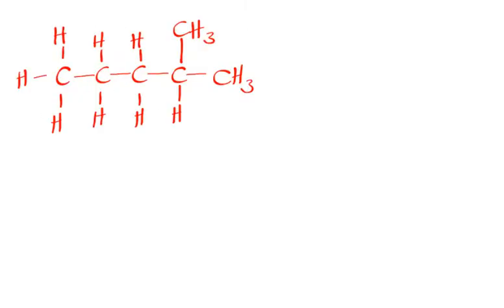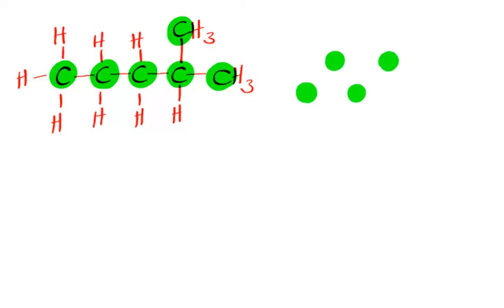Here's another example. See if you can draw this skeletally. So again, we're looking for the carbons in the skeleton. So when we put this together, we have 5 carbons in the backbone, and then on the second carbon in the chain we have a methyl group coming off, like so.